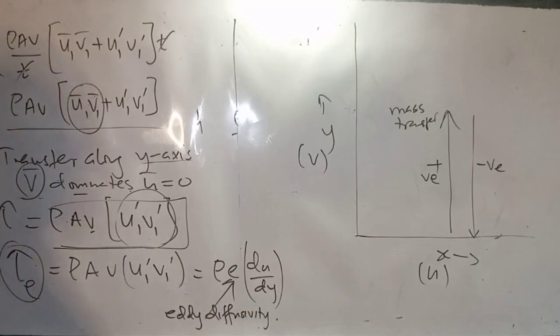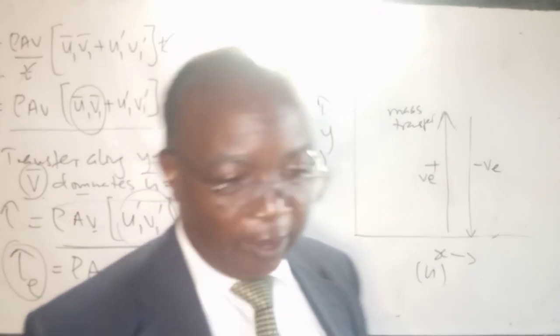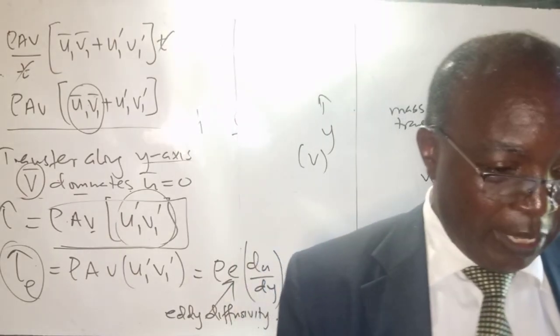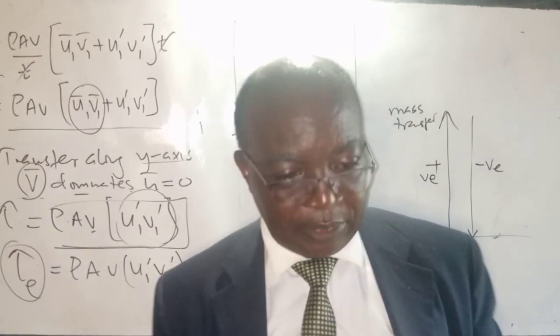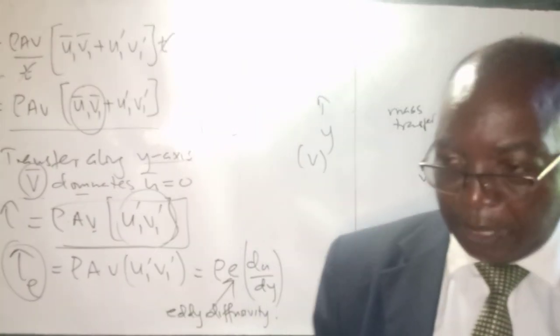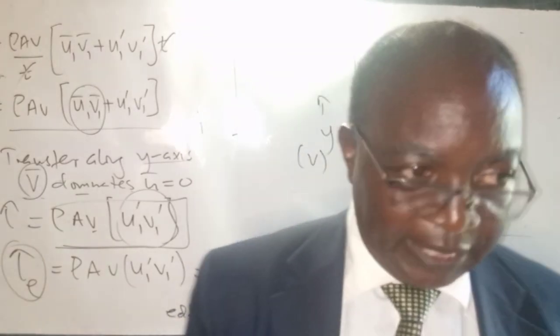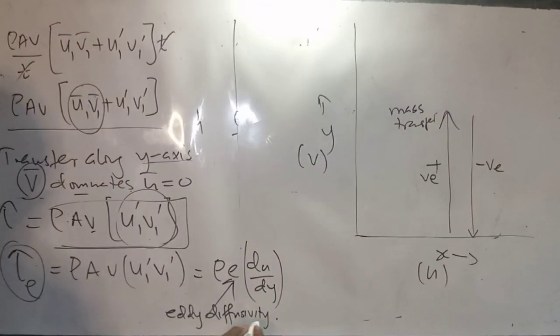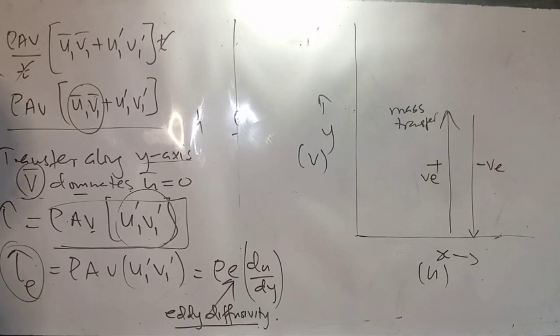We have seen several of these. If you kindly refer to our lectures, we have talked about momentum diffusivity, thermal diffusivity, and mass diffusivity. So we can equate this and say this is the same as eddy diffusivity.